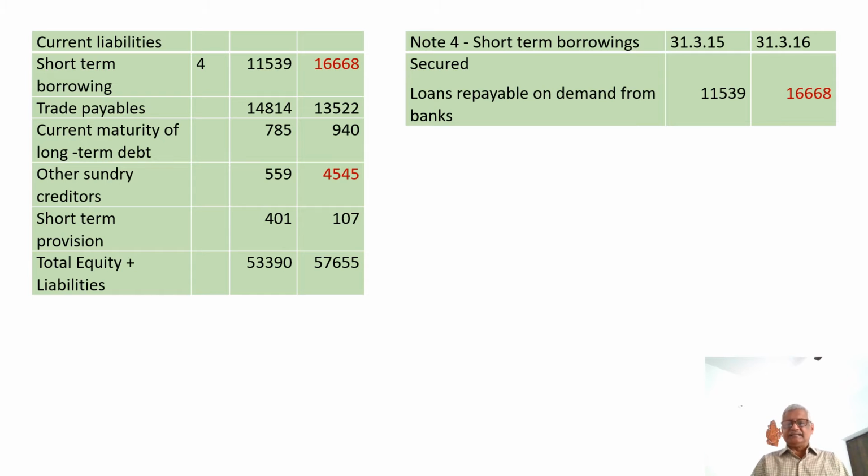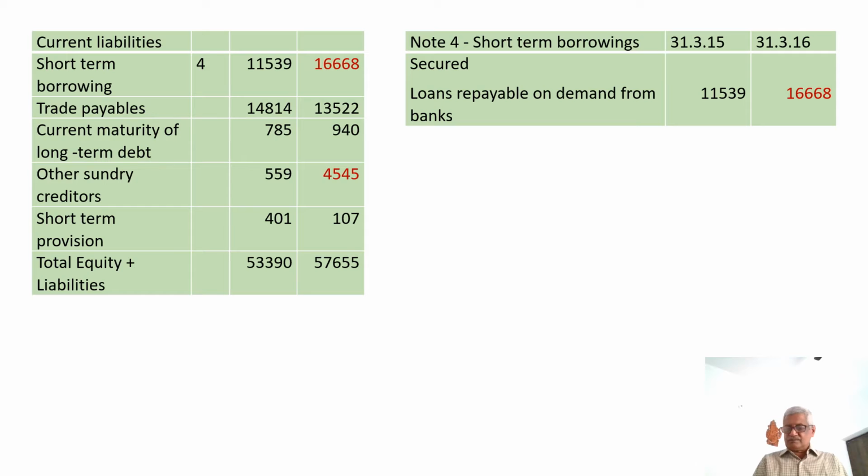When it comes to current liability, we need to understand that the short-term borrowing is also secured. It is nothing but the working capital, which was 115.39 crore, which increased to 166.68 crore.